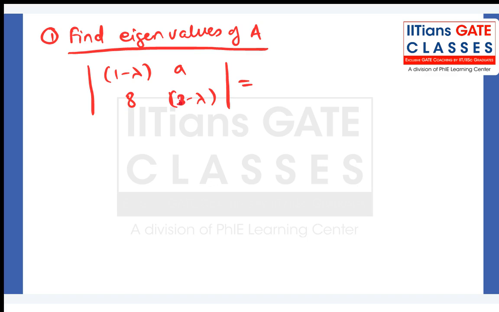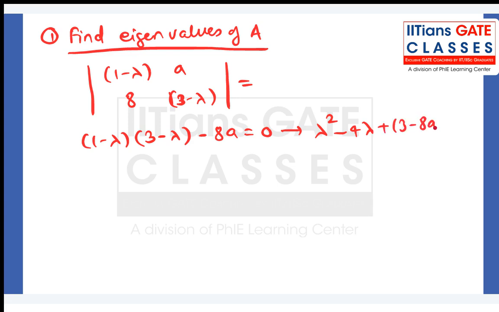So there will be a quadratic equation in lambda. It will be 1 minus lambda, 3 minus lambda, minus 8A equal to 0. If you further simplify, basically you get lambda square minus 4 lambda plus 3 minus 8A equal to 0.